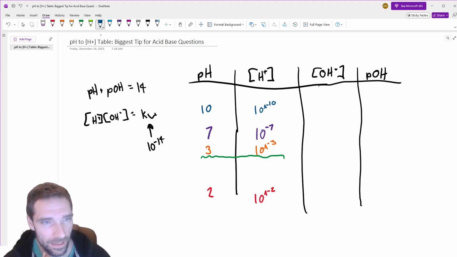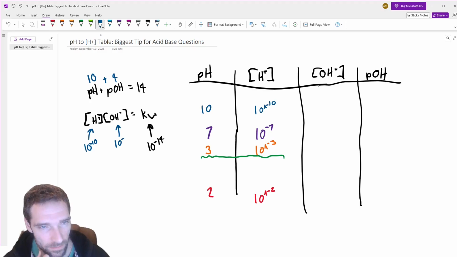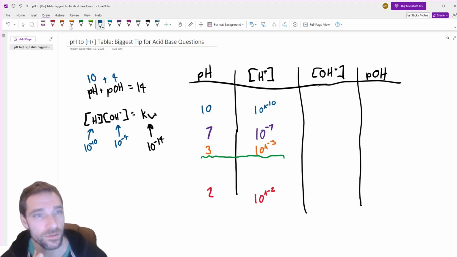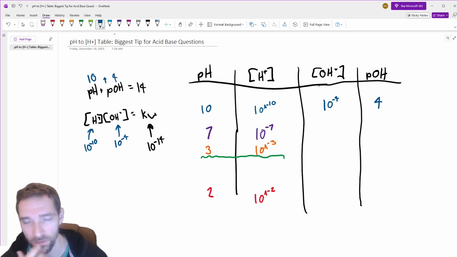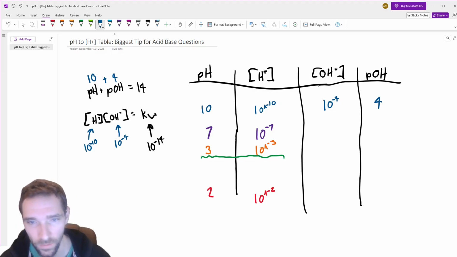So if I had a pOH of 10, or sorry, a pH of 10, then the pOH would be 4, which is, in other words, saying if this is 10 up to the negative 10, then this would be 10 up to the negative 4. So this would be the pOH of 4, then this is 10 up to the negative 4 for the concentration of OH.